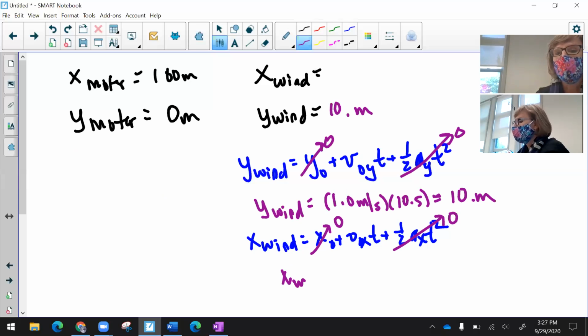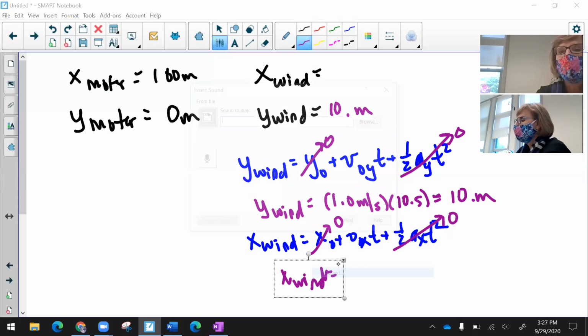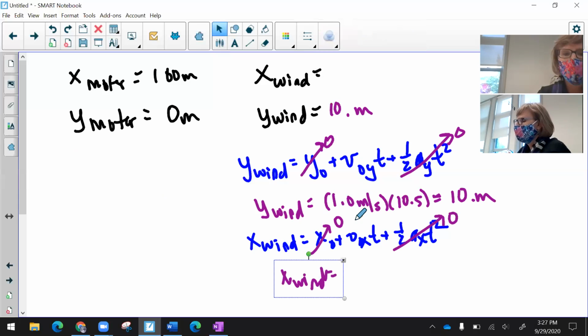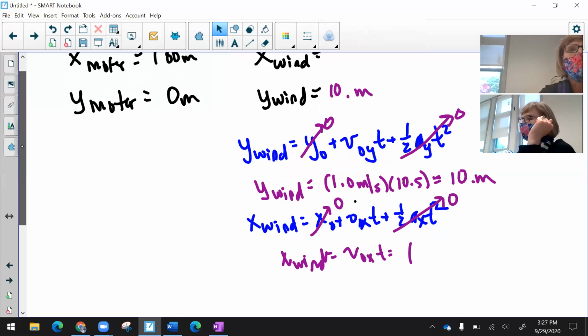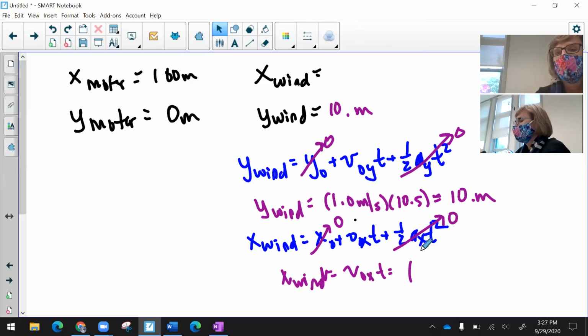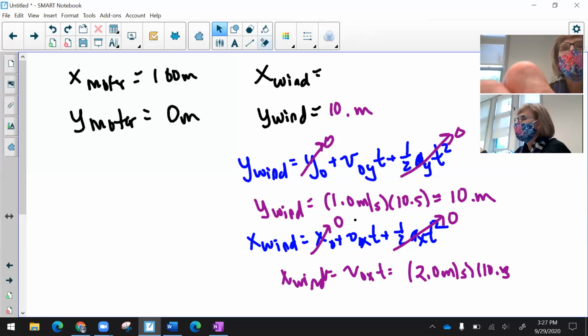So X wind is going to give us v0x times t. And what's the velocity of the wind in the x direction? 2.0 meters per second times 10 seconds, not 10 meters.